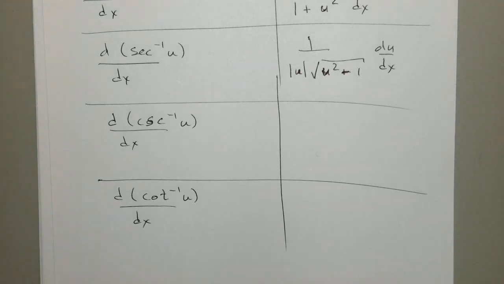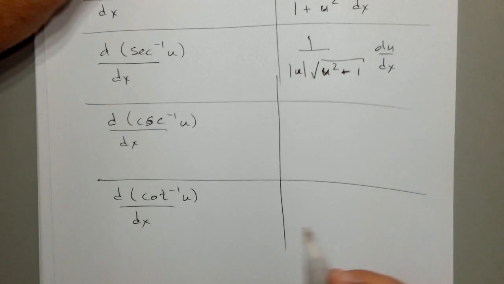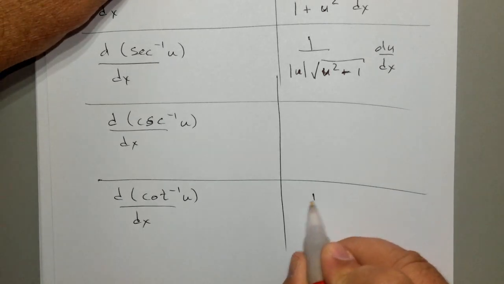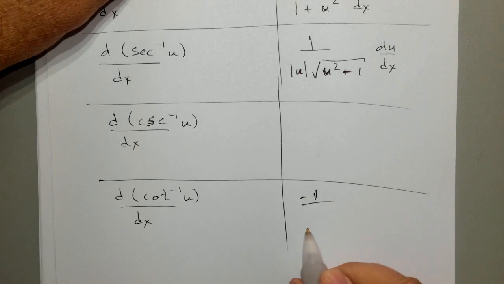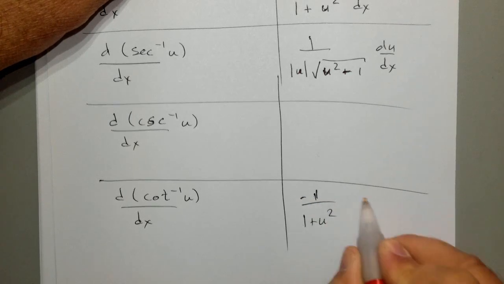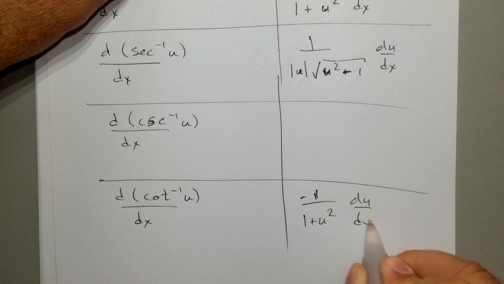So the cotangent, that's negative of the tangent: negative 1 over 1 plus u squared du dx.